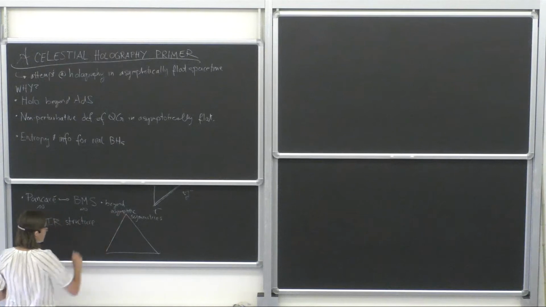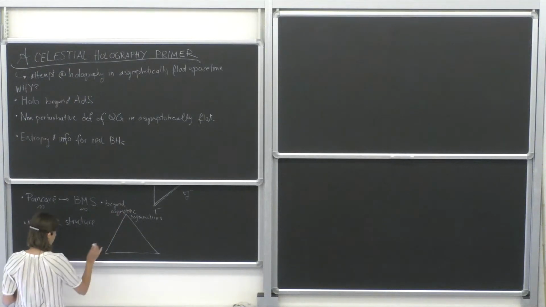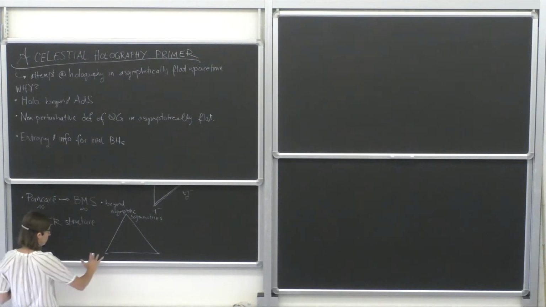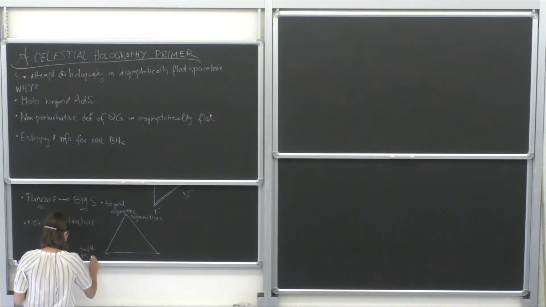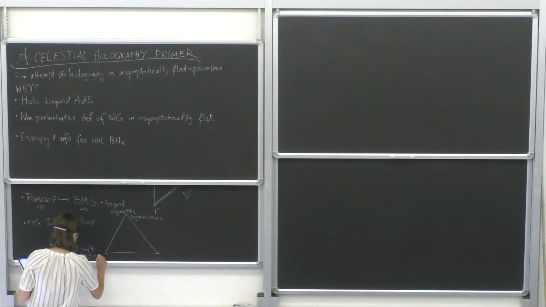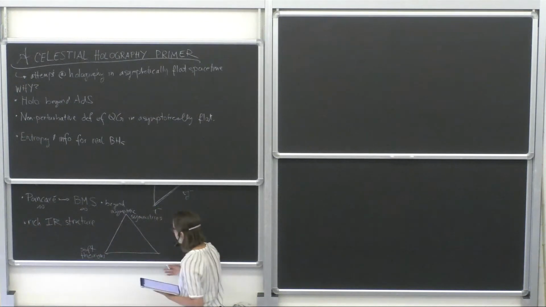And these can also be understood from different perspectives, so can be related to different aspects of the infrared structure of quantum gravity in asymptotically flat space. One is called soft theorems of quantum field theory, scattering amplitudes. So these are theorems, universal properties of scattering amplitudes or quantum field theory.